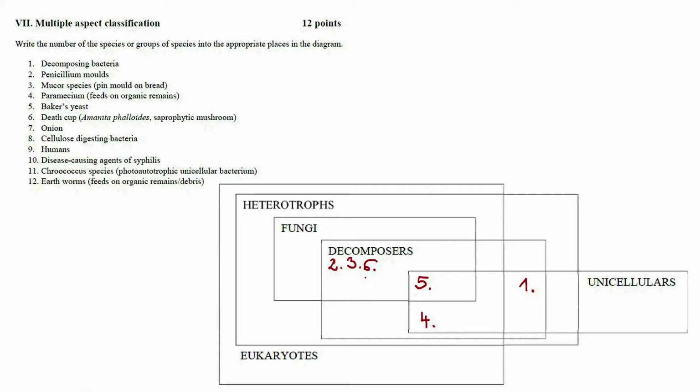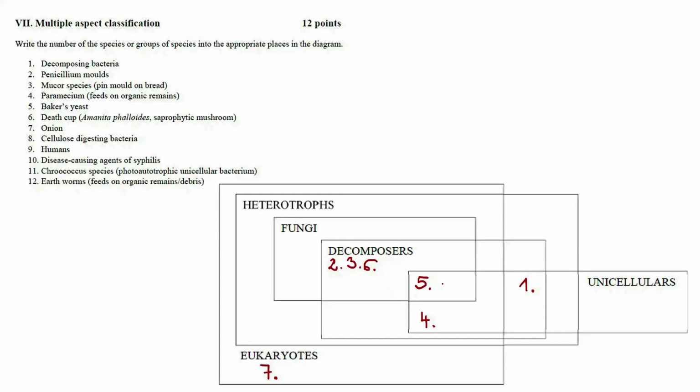Number 7, onion, which is a plant. Obviously eukaryotic cells are building it up, and it's autotroph, so it must be written outside of this big box. So number 7 will come here. Cellulose digesting bacteria, which are basically, again, prokaryotic cells, unicellular ones, decomposers, heterotroph.